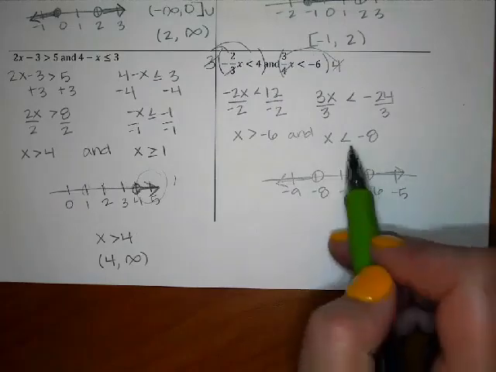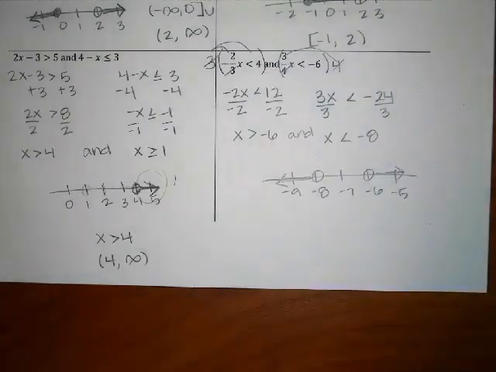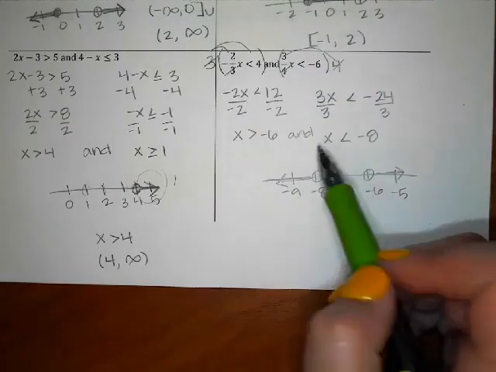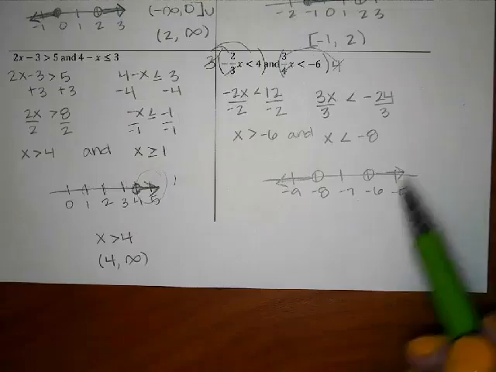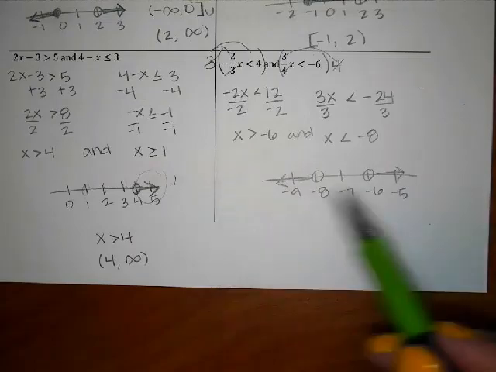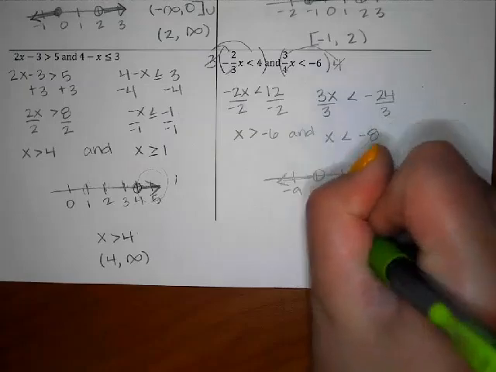So if this inequality said the word or in between, then we would be good. This would be the answer. But this inequality doesn't say the word or in between. It says the word and in between. We would need to have some overlap to have an answer, and we don't. So the answer here is no solution.